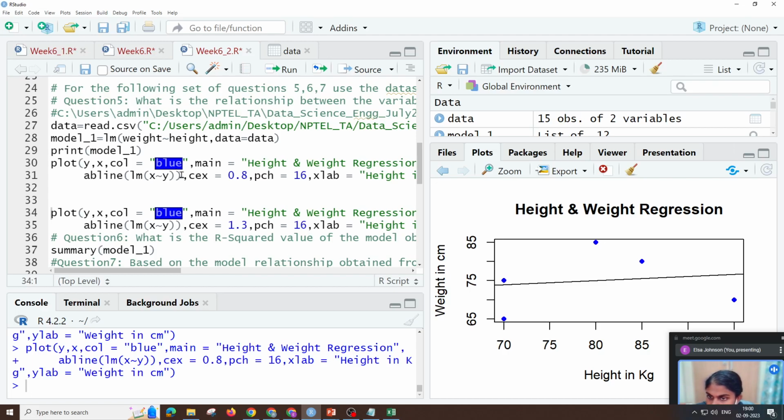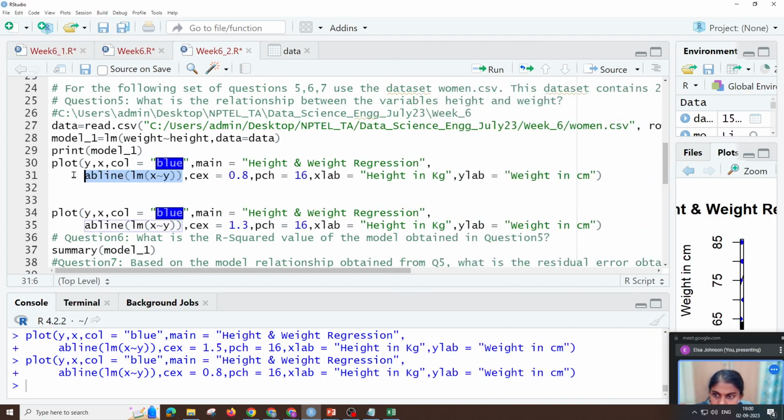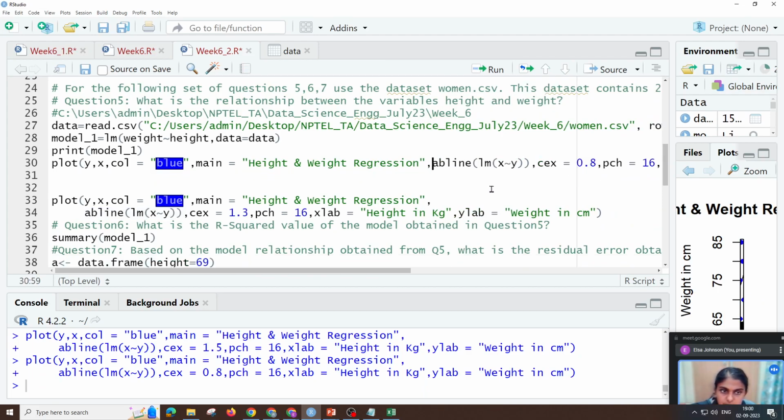It's not an abline, it's in plot. This is the whole thing. Abline is another statement in plot. cex is for changing the size argument within the plot.